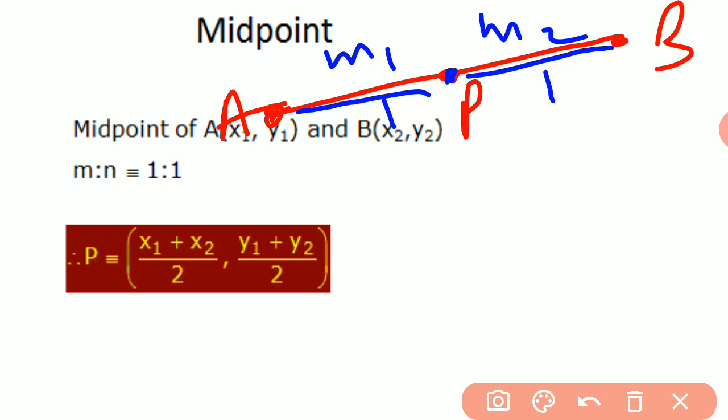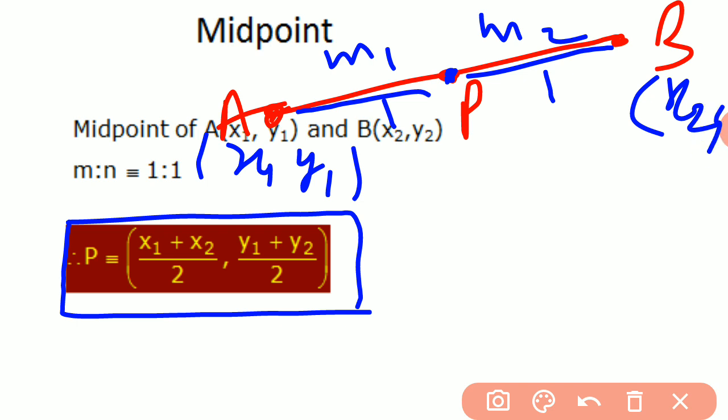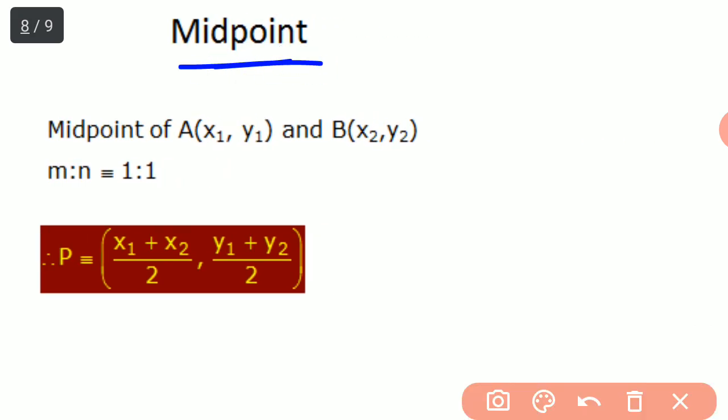In this case the above formula becomes P equal to (x1 plus x2) by 2 and (y1 plus y2) by 2, where the coordinate of A is (x1, y1) and the coordinate of B is (x2, y2). So for the midpoint we will use this formula: (x1 plus x2) by 2, (y1 plus y2) by 2.